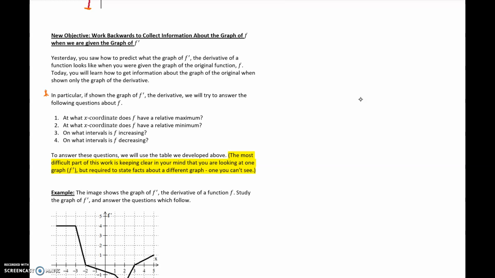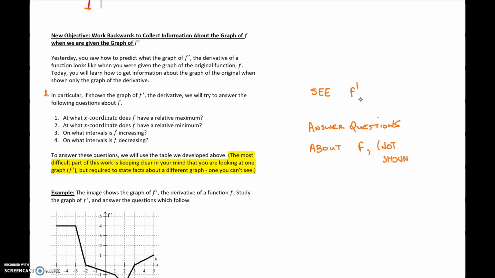So from now on, we're going to see f prime, but we're going to answer questions about f, which we don't see. f will not be shown.